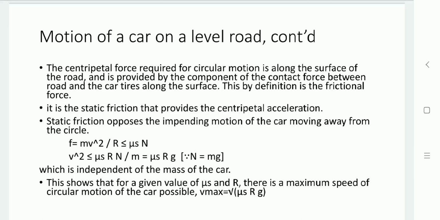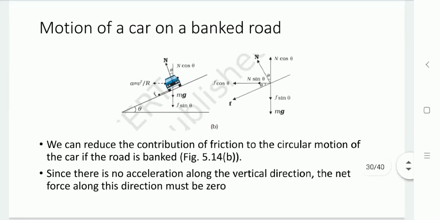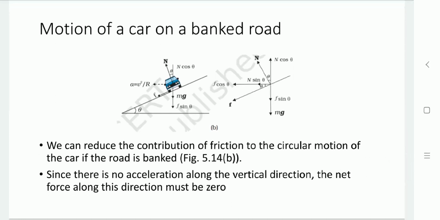Now, let us calculate the velocity of the car on a banked road. As you can see in the diagram, on the banked road again three forces are applicable: mg in the vertically downward direction, the normal force from the surface of the object, and the frictional force, the parallel component between the surface and the object.